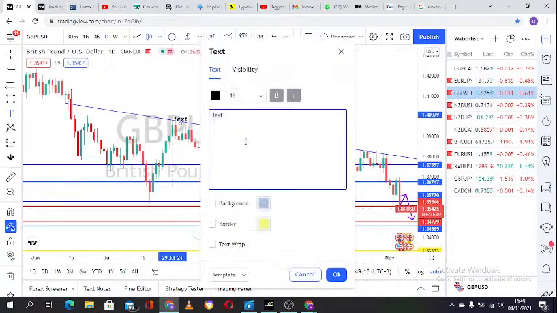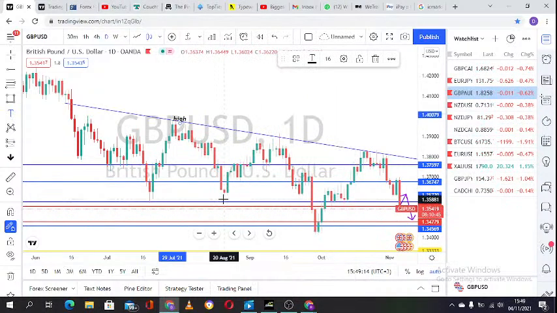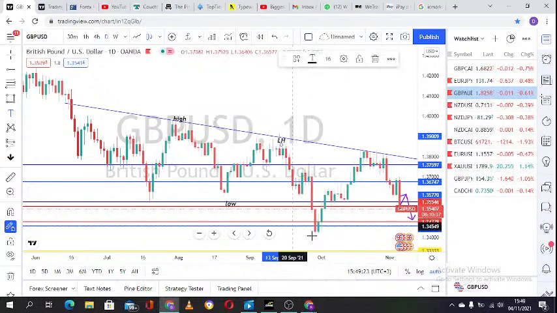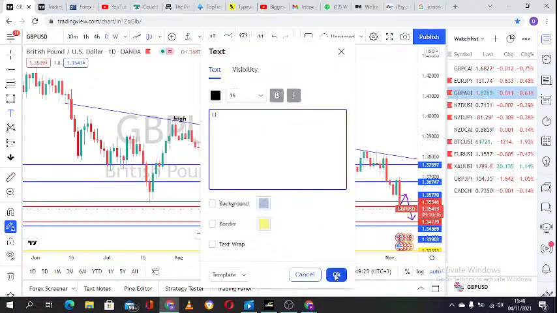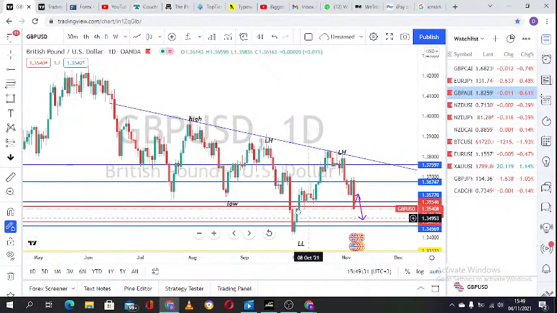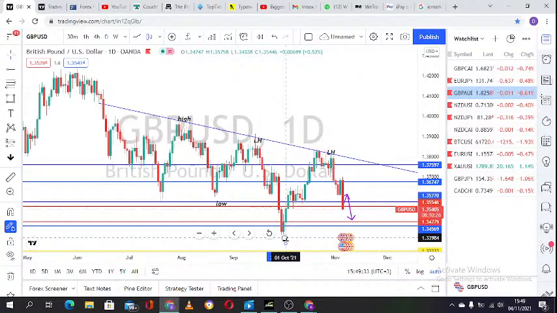This is a high, low, no high was broken, lower high, lower low, no high was broken, another lower high, and then we're definitely expecting at least one last lower low.